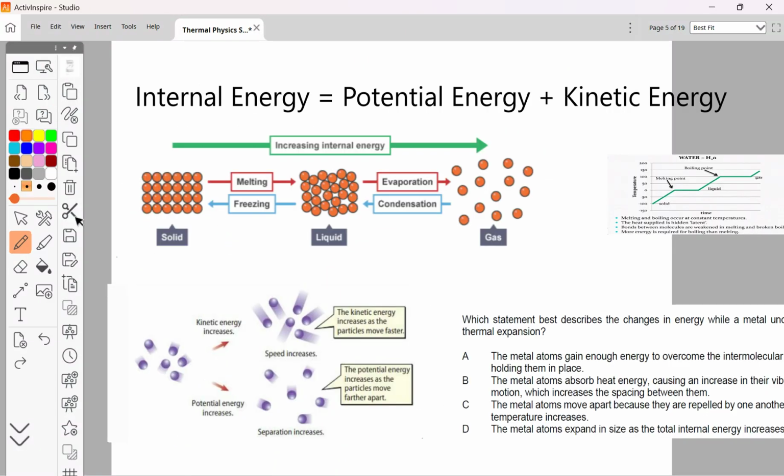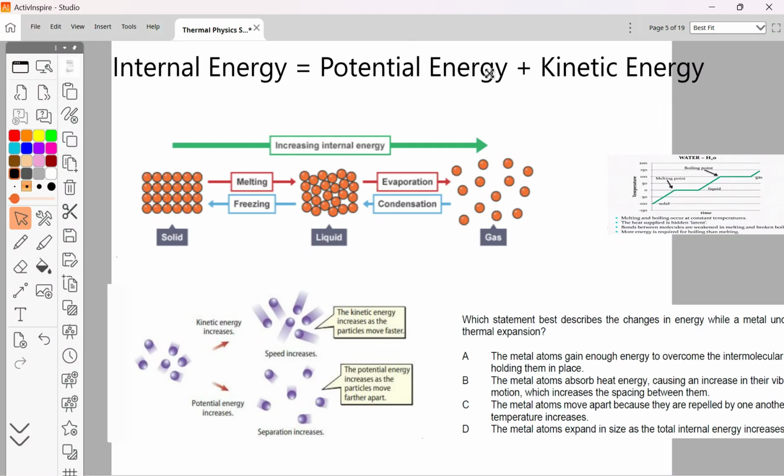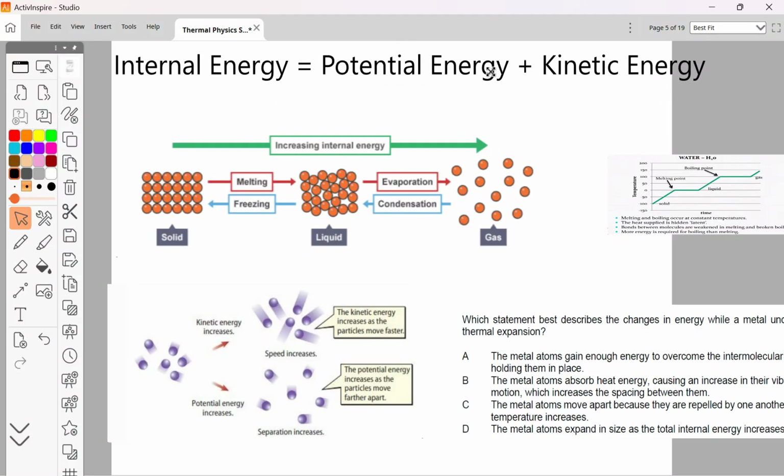Moving on. Internal energy, potential energy, and kinetic energy. Do not get confused with these things. So, internal energy is the energy that the particles contain. Total energy of the particles. So that means it's the potential energy that they have because of the bonding and the chemistry that goes on inside. You don't have to know all the intricate details.